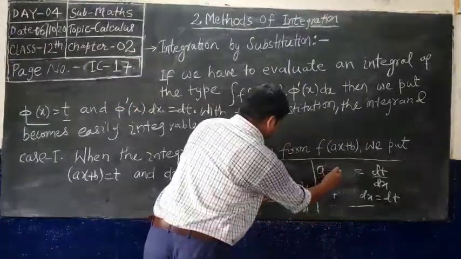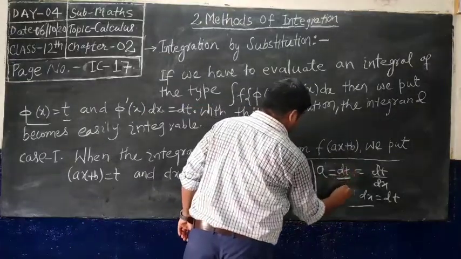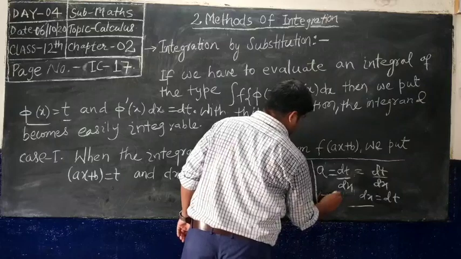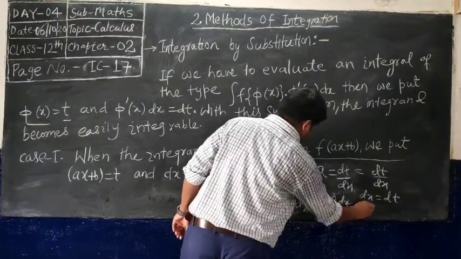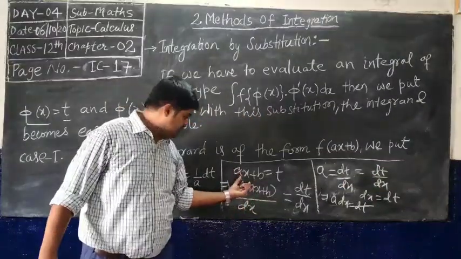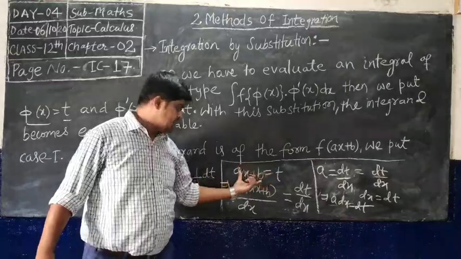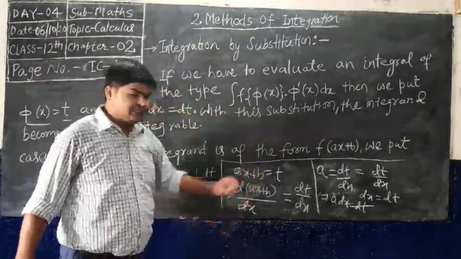So this is completely a, and dt by dx. That means a dx is equal to dt. This finally becomes the first derivative of ax plus b is equal to t. The first derivative of this term is a, so a dx is equal to dt.